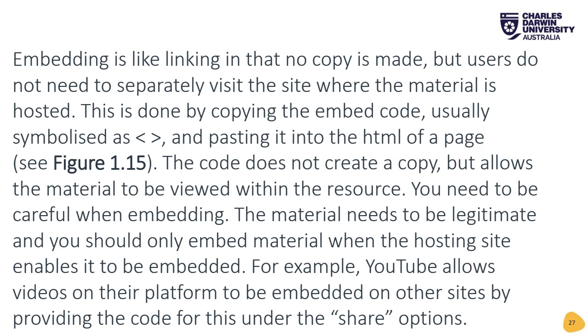However, once again, you need to be careful when embedding. The material needs to be legitimate, and you should only embed material when the hosting site enables it to be embedded. For example, YouTube allows videos on their platform to be embedded on other sites by providing the code for this under the Share options.